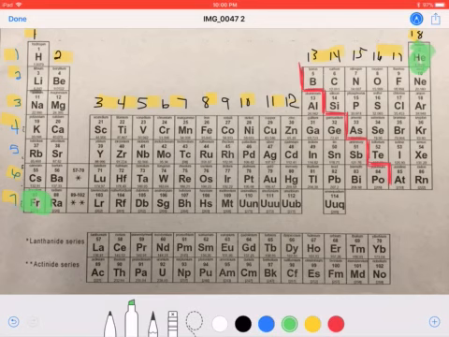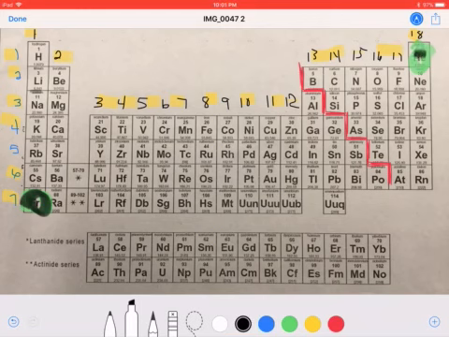If you have a very, very large atom, that means that the electron that's going to be removed is the furthest away from the nucleus. Francium over here in the bottom left, the largest atom on the periodic table, is the easiest to take away an electron, meaning its ionization energy is actually the smallest.